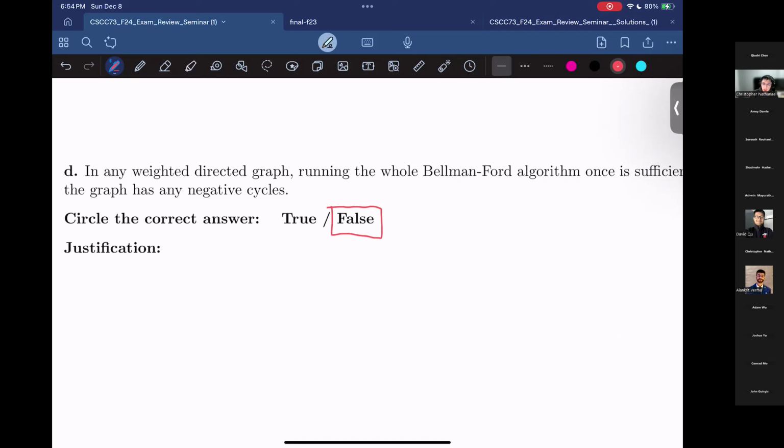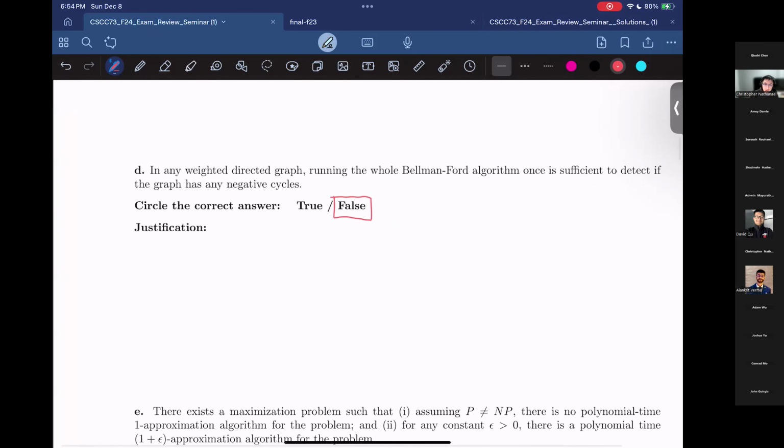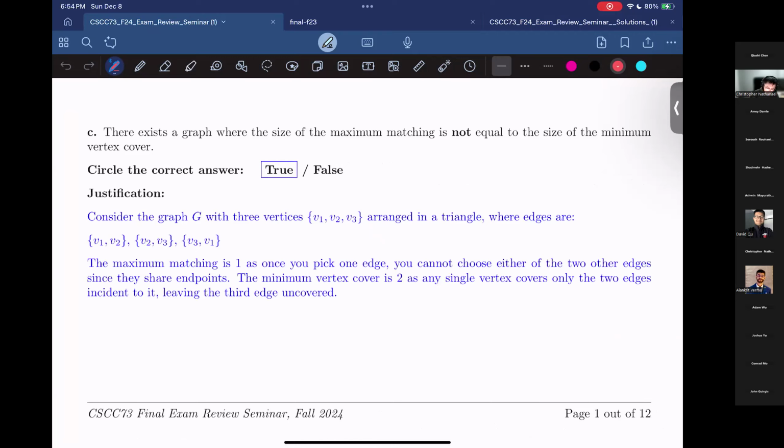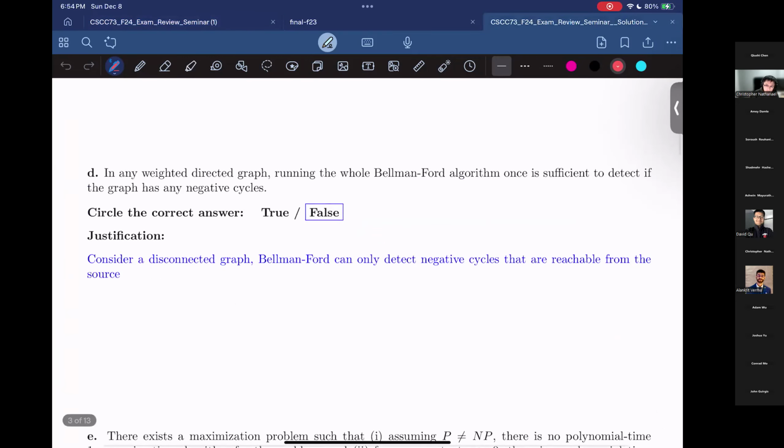So if we consider a disconnected graph, Bellman-Ford can only detect negative cycles that are reachable from the source. Is that clear? Sorry, can you repeat? If the graph is disconnected, Bellman-Ford cannot detect the negative cycles that are not reachable from the source. Okay, thanks. Yep.